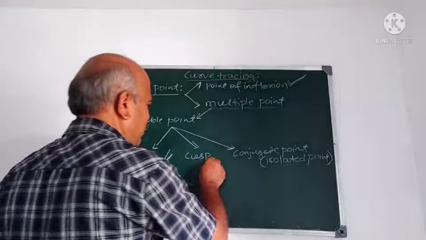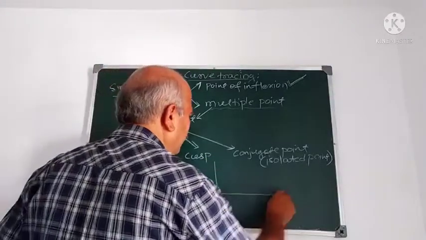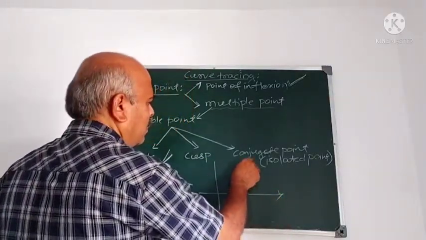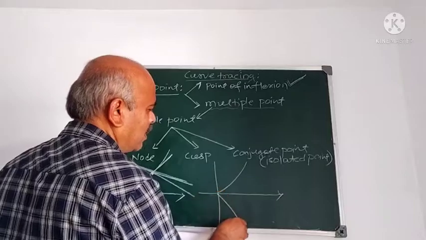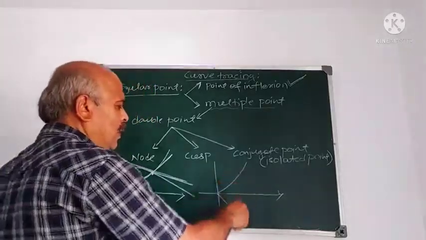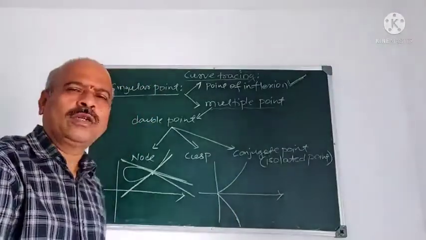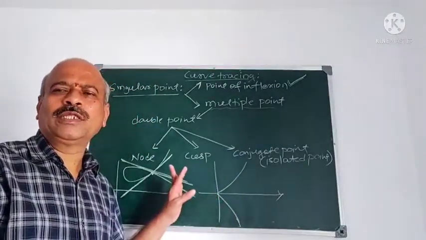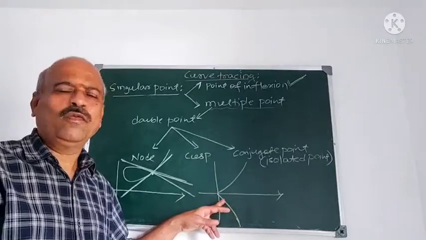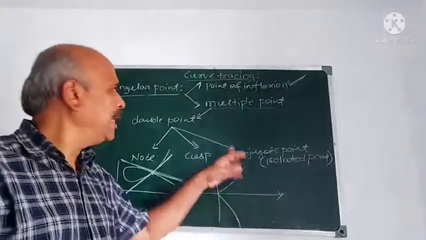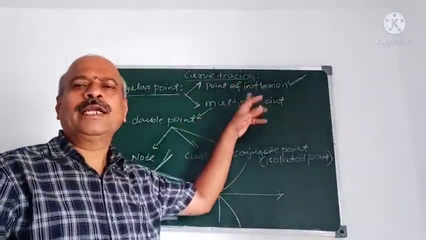What is a cusp? See the example. Take this one. Now suppose this is a curve. It is a standard curve. For the first example, I take this curve only. It is called cissoid. I will explain when that topic starts, that is curve tracing, Cartesian curves.